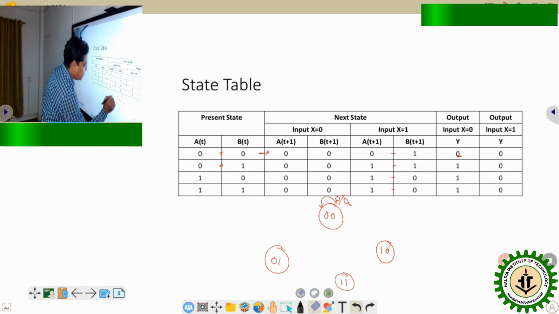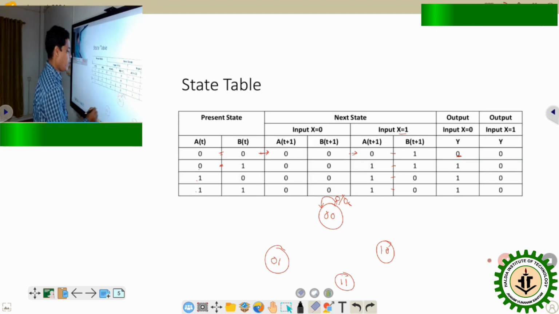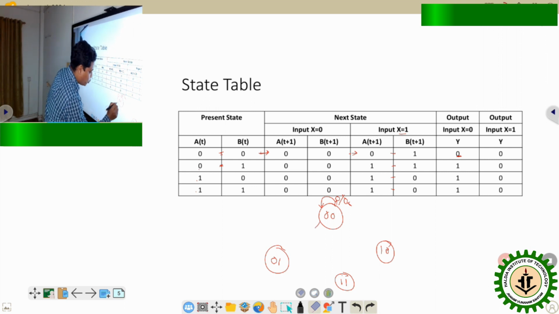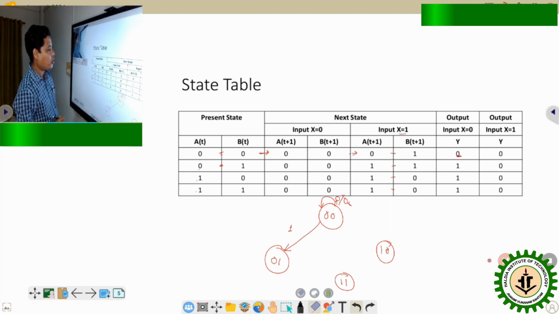At the next situation, if we observe that x input is equal to 1, the state is changing from 00 to 01. So the state is changing from 00 to 01 when the input is applied as 1, input x equals 1.